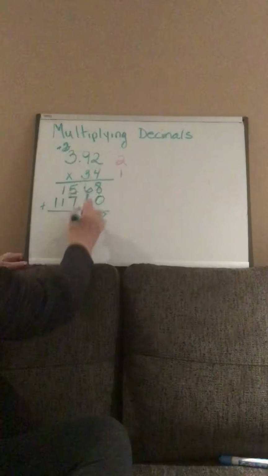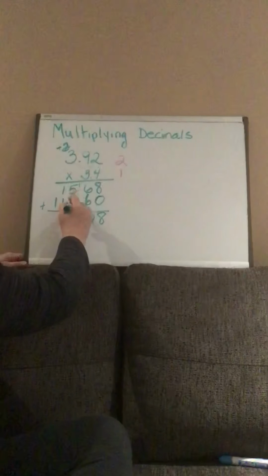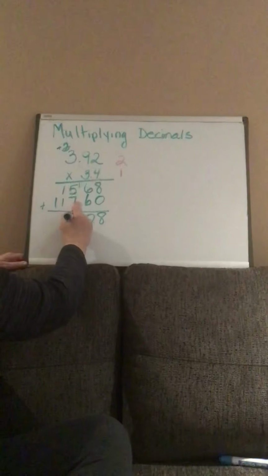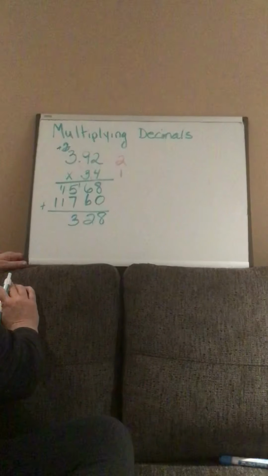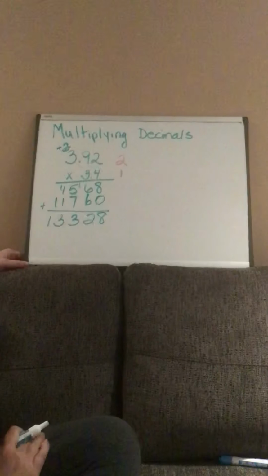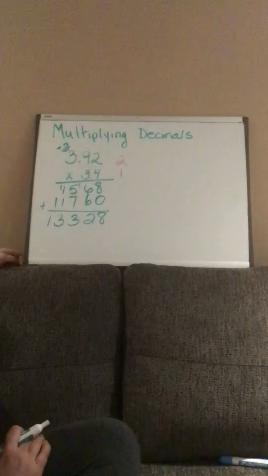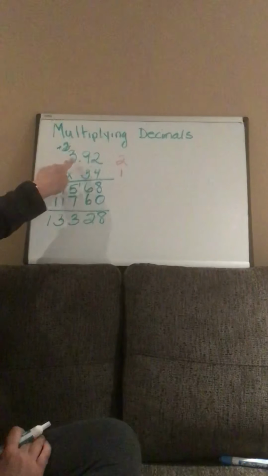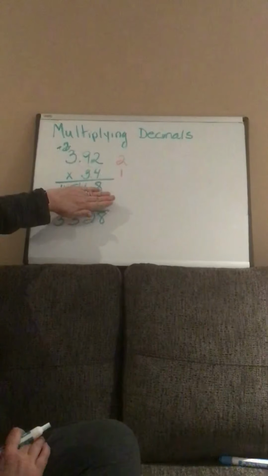8, 6 and 6 is 12, carry the 1. 6 plus 7 is 13, carry the 1. 1, 2, 3, and 1. So if I was confused and I wanted to break this down even further, I could break this down into 392 times 4, and that would give me this answer.